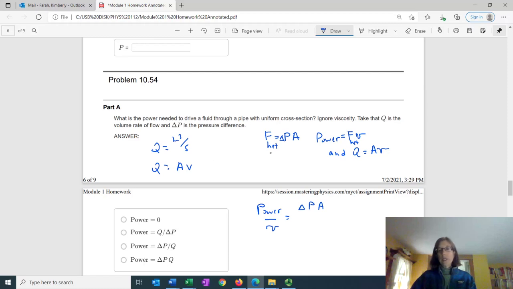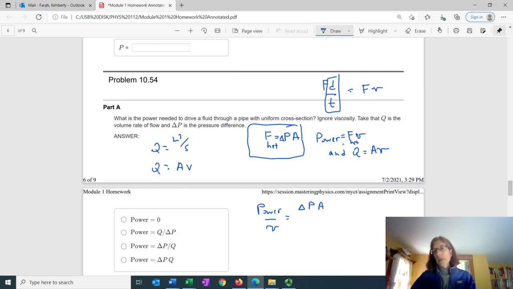And if you take a look at this then, and we use our equation for pressure equals force per unit area, and rearrange it, we know that the net force equals delta P times A. And recall from first semester physics that power is work per unit time, and because work is force times distance, and d over t is velocity, we can also say that power is equal to force times velocity.